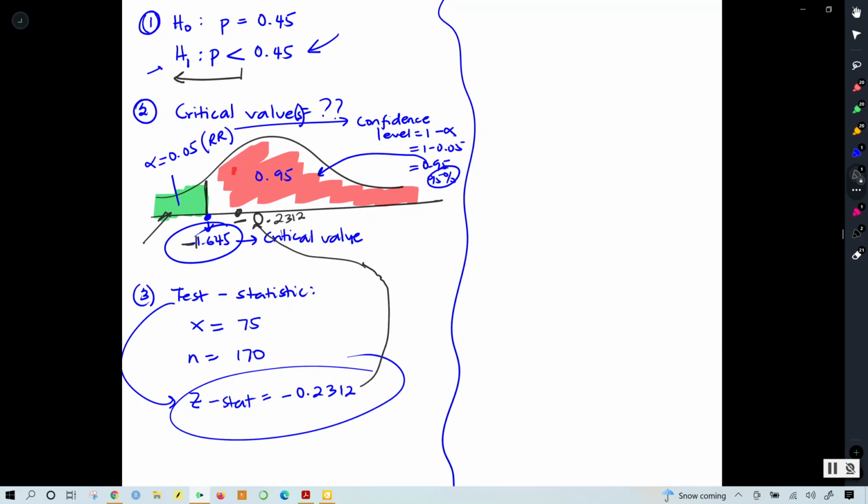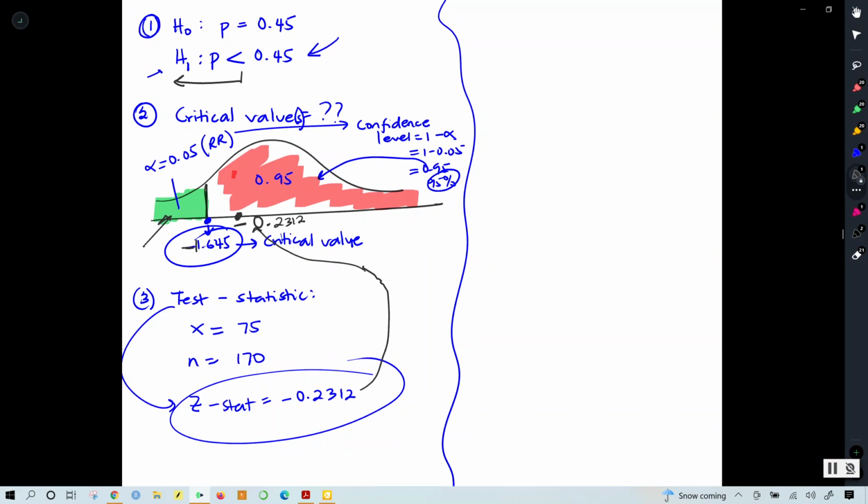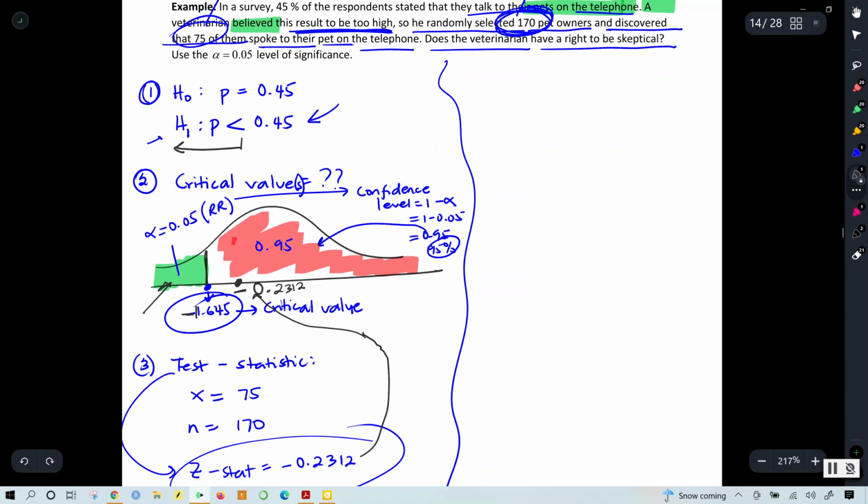So as it stands, we see that this does not fall in the rejection region. So let's make a comment about that. Negative 0.2312 does not fall in the rejection region.